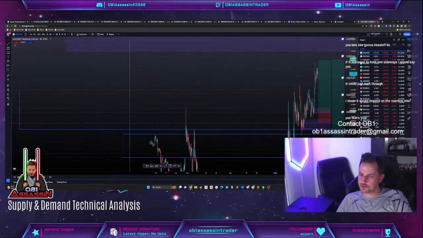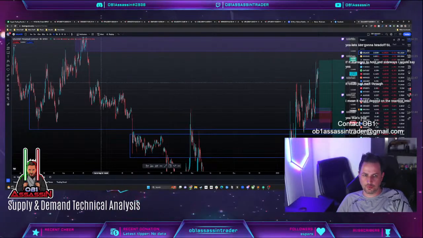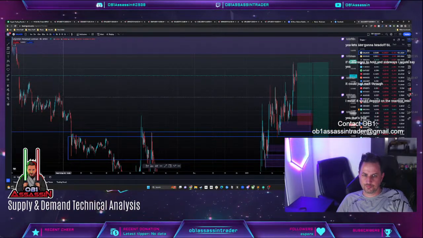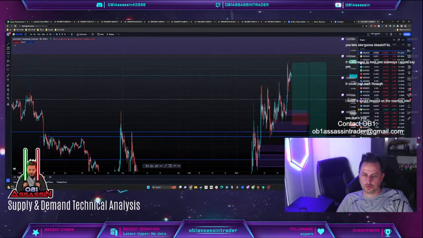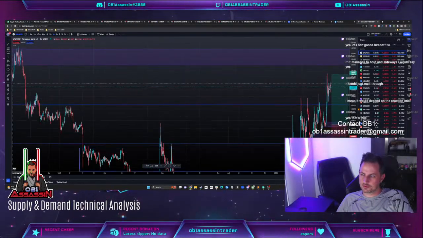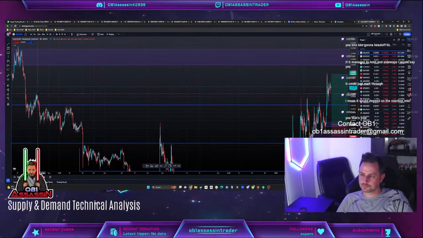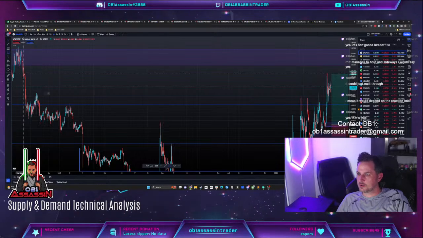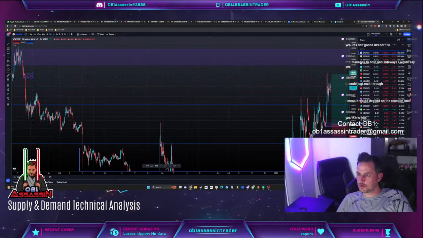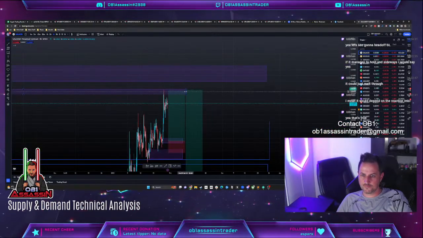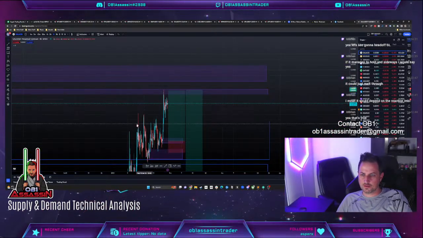In terms of breaker blocks, do we have any? We do. It's been mitigated too many times. You can see here, this is the 4-hour auto block that we've currently hit. That's the guy right there.